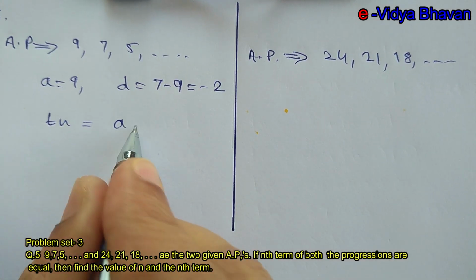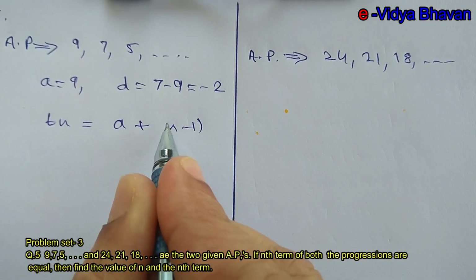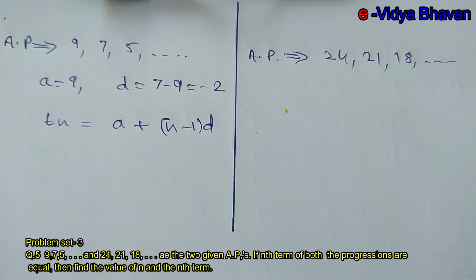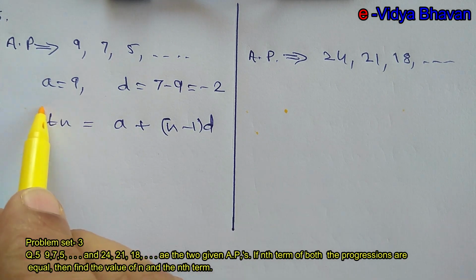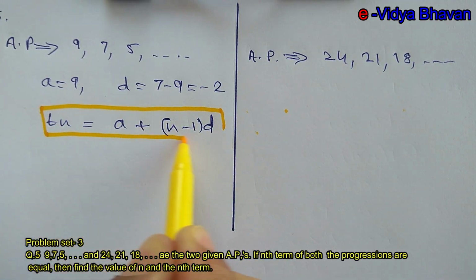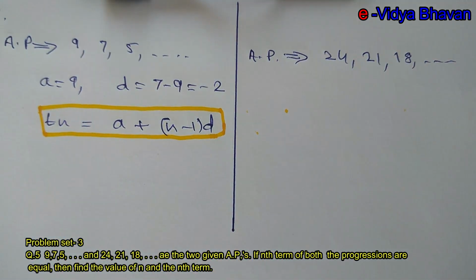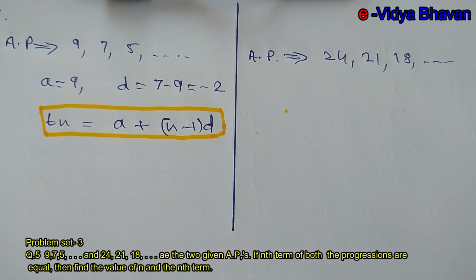Now let us take the nth term. Tn equal to a plus n minus 1 d. Let us substitute the values here.